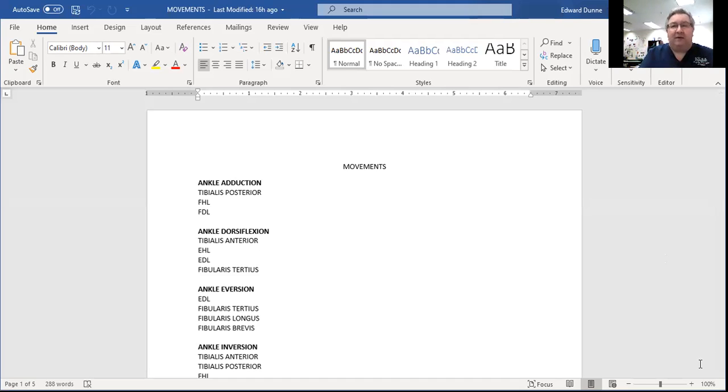Really quick, let me give the schedule for next week. I'm going to go through the bones on Monday, including the landmarks and the muscles that attach to them. I'm going to try to start the muscles again on Monday also. Tuesday will be all about muscles.